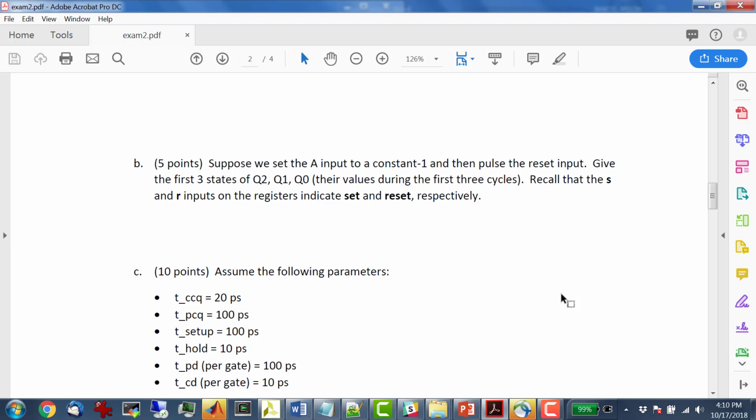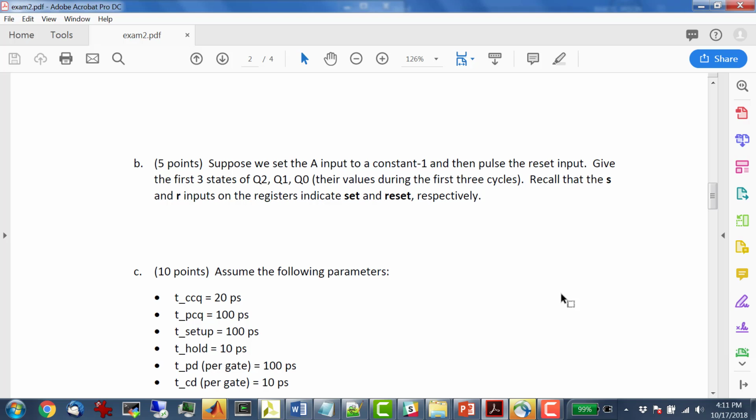Now, what do we do with the skew in this case? In this case, the skew would actually be subtracted from this side or added to the other side, right? Because the skew is working against us. So we want these two numbers to be large enough to exceed the hold time.